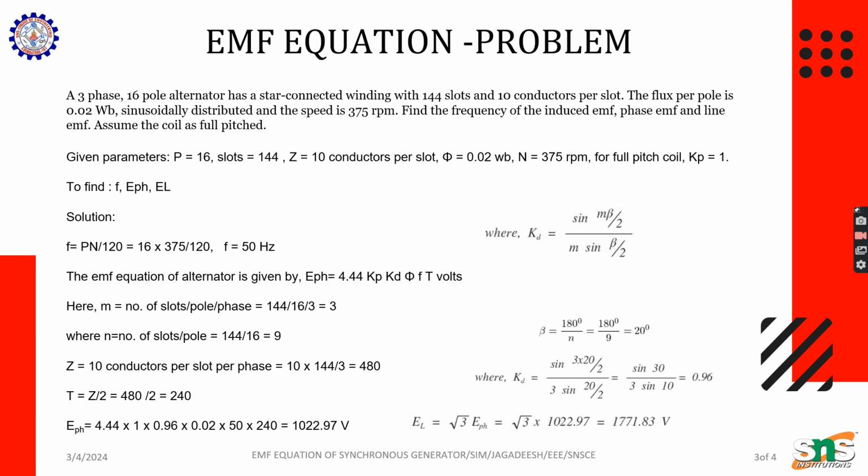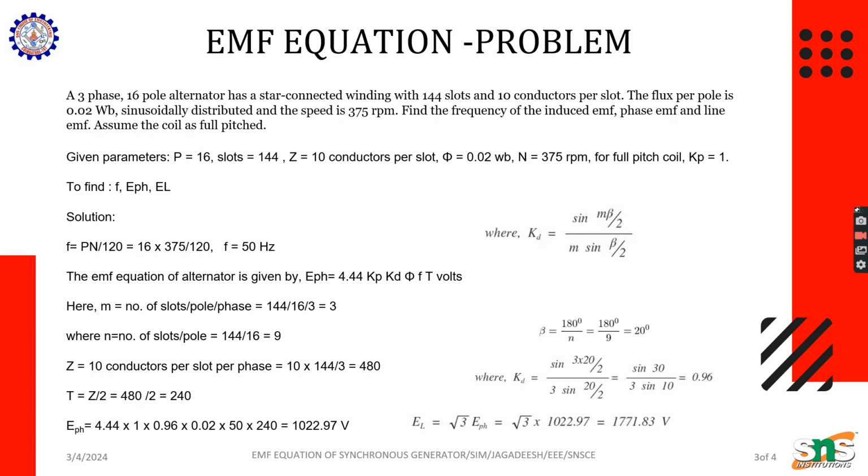Since the question mentions a star-connected winding, this can be used with the conversion ratio for the line value. To get the line EMF, I have to multiply root 3 with the phase EMF. So root 3 into 1022.97 volts is almost equal to 1771.83 volts.